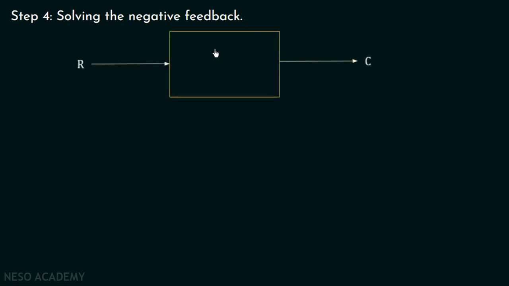And the gain of this block will be the overall closed loop transfer function. So the gain of this block will be G1 G2 G3 over 1 plus G2 G3 H2, divided by 1 plus G1 G2 G3 over 1 plus G2 G3 H2 multiplied with H1 over G3.